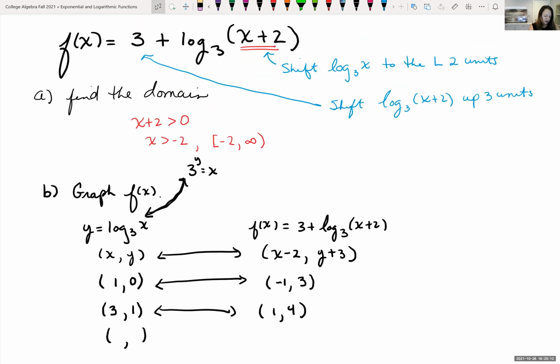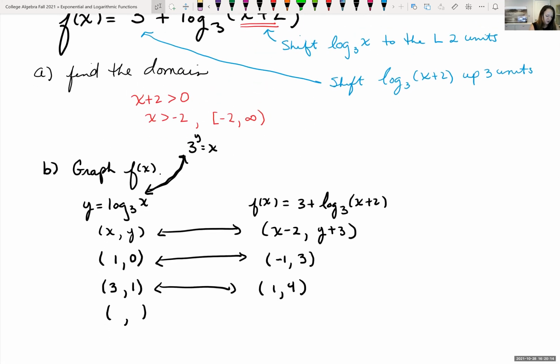We can plug in another value. If we square 3, we get 9. So our new point is 9 minus 2, which is 7, and 2 plus 3, which is 5. Probably should get at least 1 negative in there. So if y is negative 1, x is 1/3.